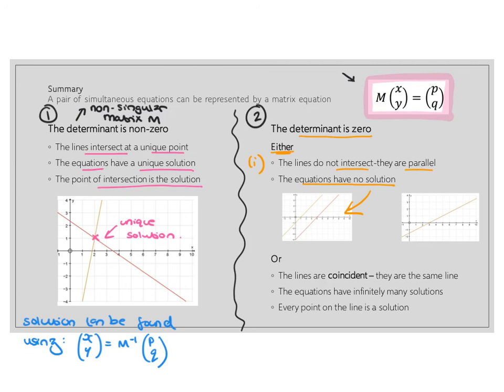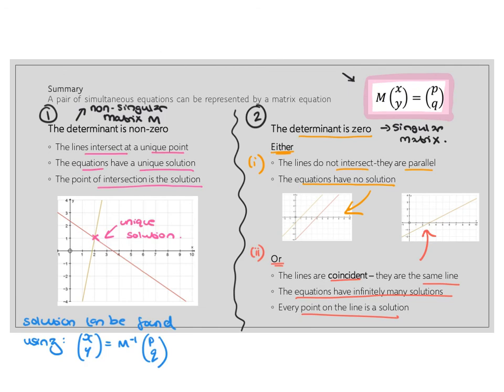Or the other possibility, the lines are coincident, they are the same line, the equations have infinitely many solutions, and every point on the line is a solution, and you can see that here. So if the determinant is 0, this is where we're dealing with a singular matrix. And this is more complex.